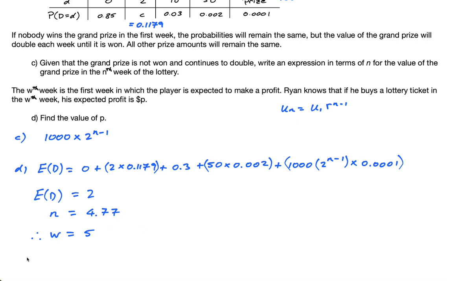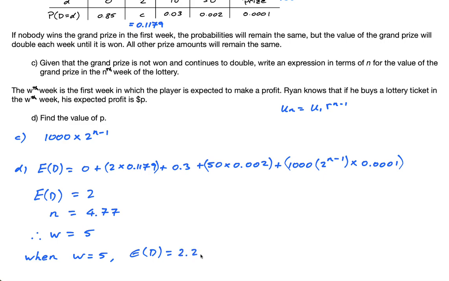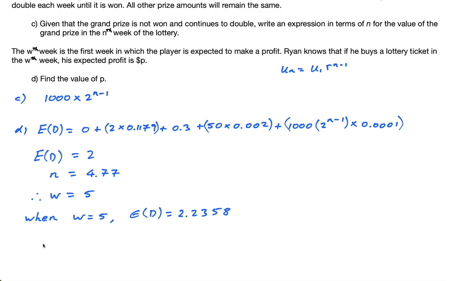And when W equals 5, the expected value of D equals 2.2358. Finally, therefore, P has to equal 2.2358 minus 2, because this is the expected value, what we expect to get back.